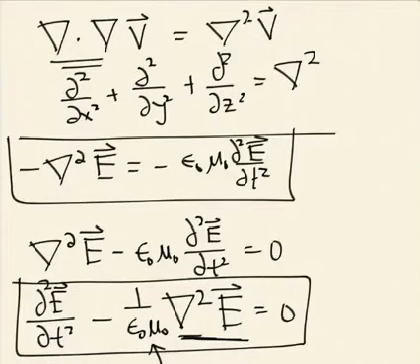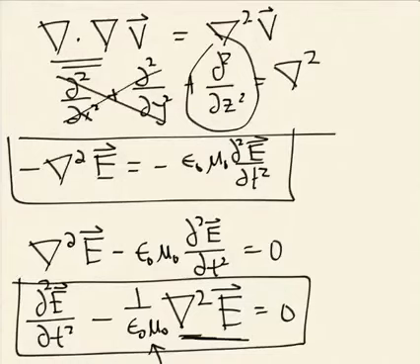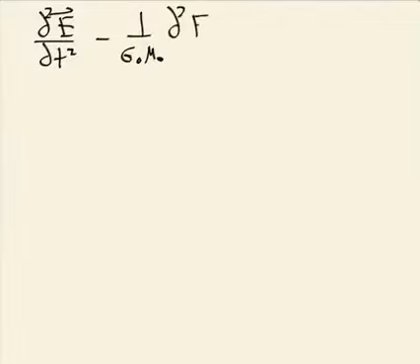Let's take, for example, the z component. We'll assume that these are 0. If we do that, we have what we will call the 1D wave equation: d squared E dt squared minus 1 over epsilon naught mu naught d squared E dz squared equals 0.